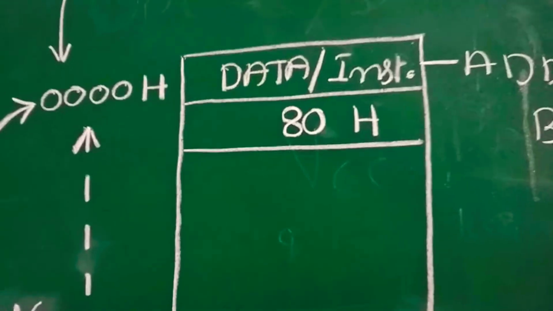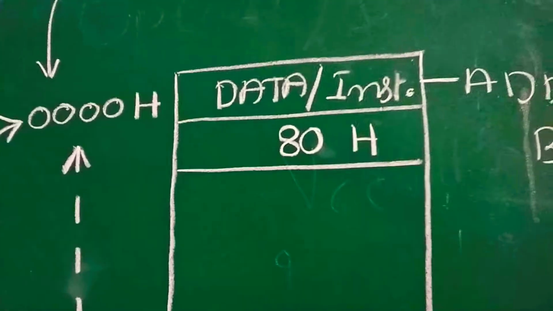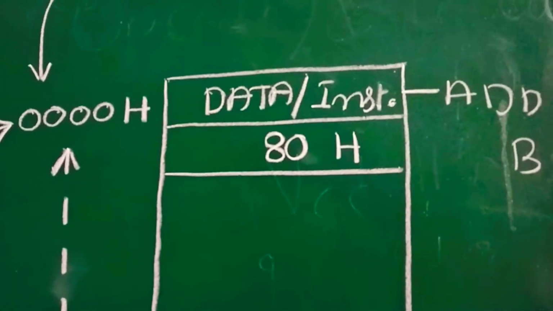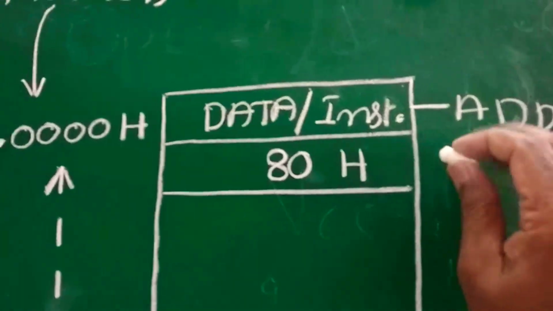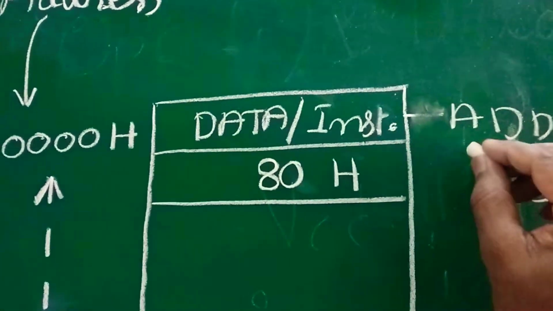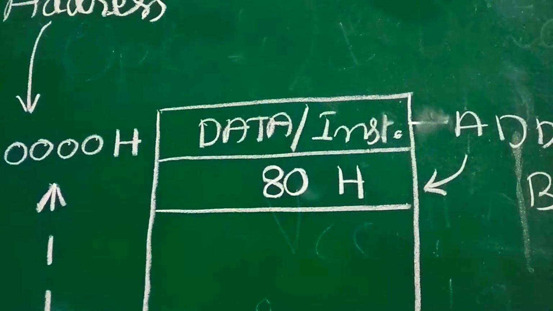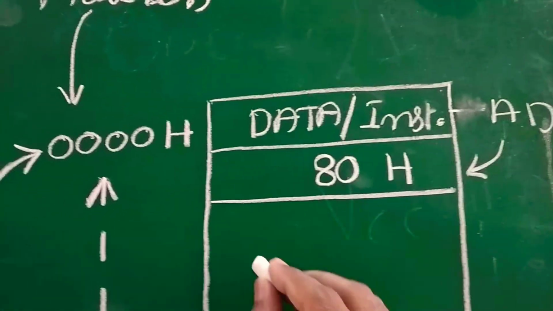It can understand only the language of digits, digital. That means for each instruction we have to have a code. Thus for ADD B, the instruction code 80H is written at the first location.